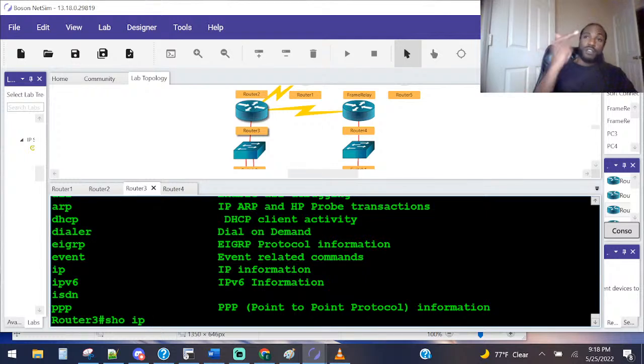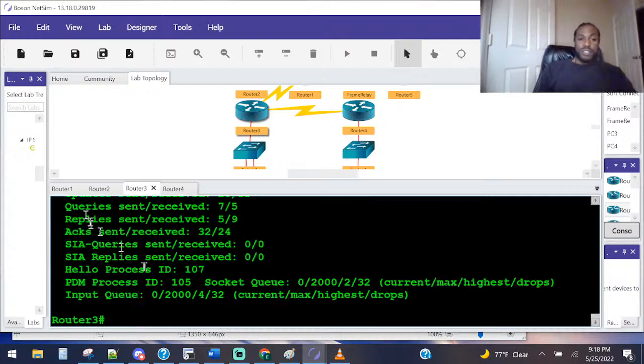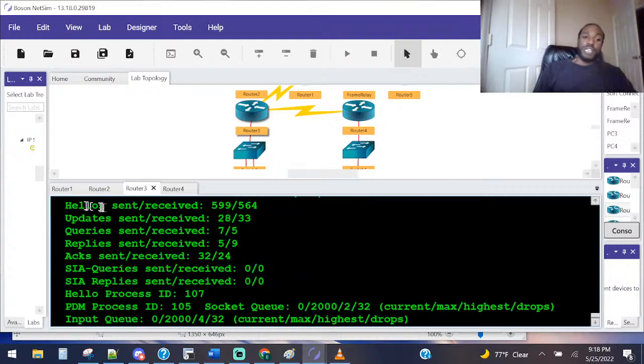Hello, update, I believe received. Let's see, show ip eigrp traffic. There they go right there. Queries and replies. There's hello, update, queries, replies, and acknowledgments. SIA, I believe, is stuck in active, which is this phenomenon that occurs when an EIGRP neighbor goes down, right?